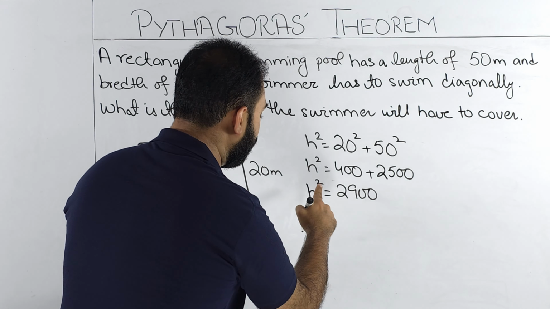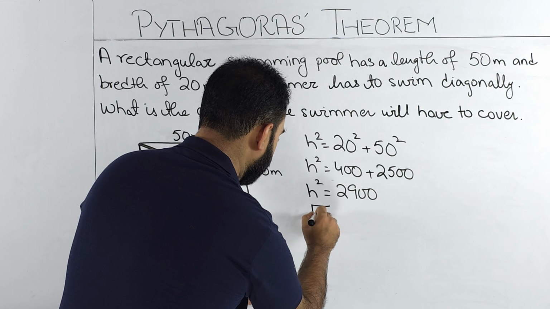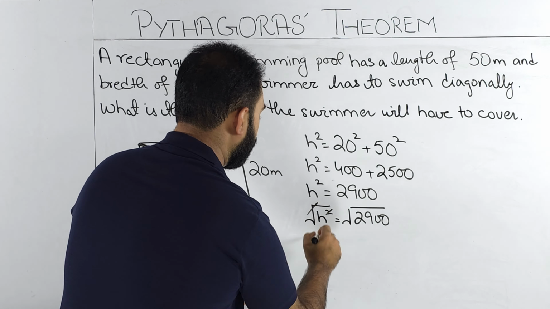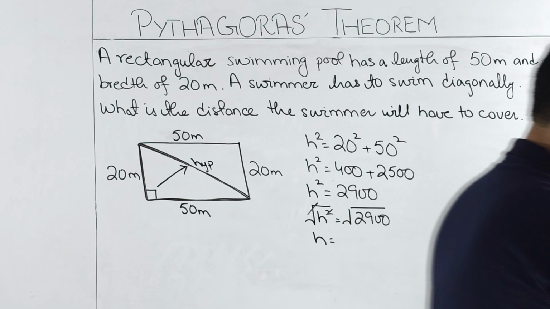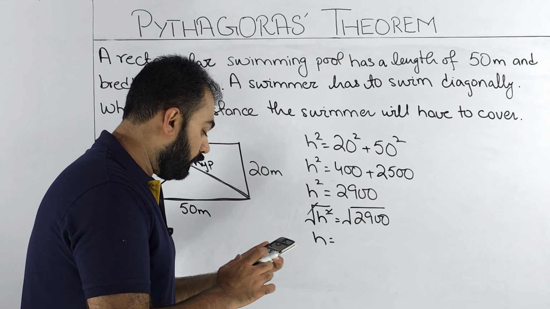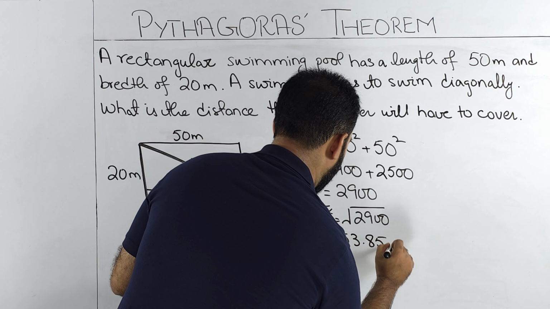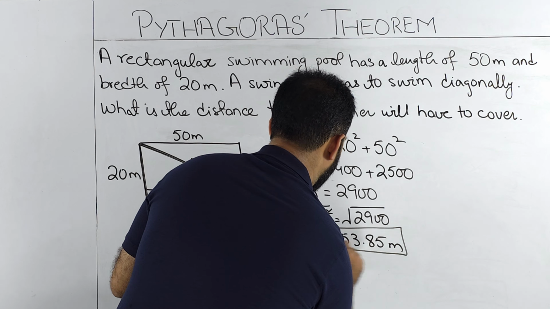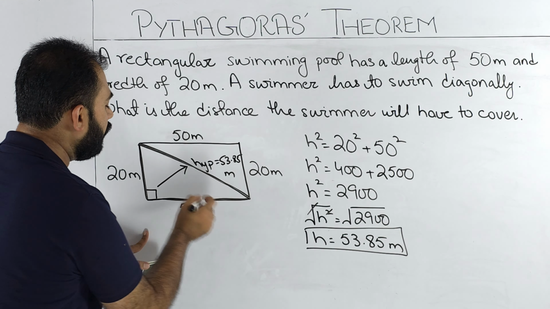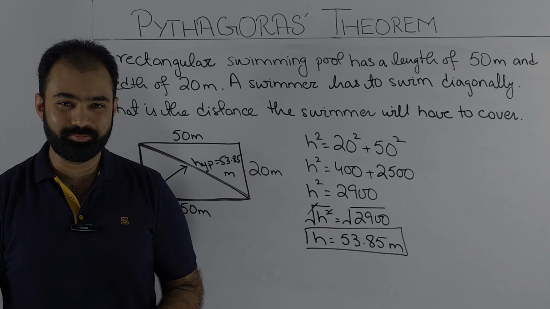Now in order to find the value of h, I need to apply square root on both sides. h is equal to, let's see what is the value, square root of 2900, it's 53.85 meters. The hypotenuse in this case is 53.85 meter, that is this diagonal. I hope it is clear.